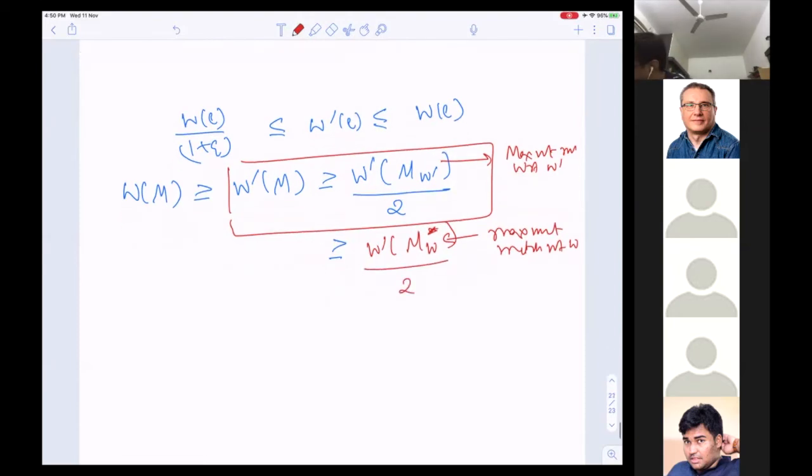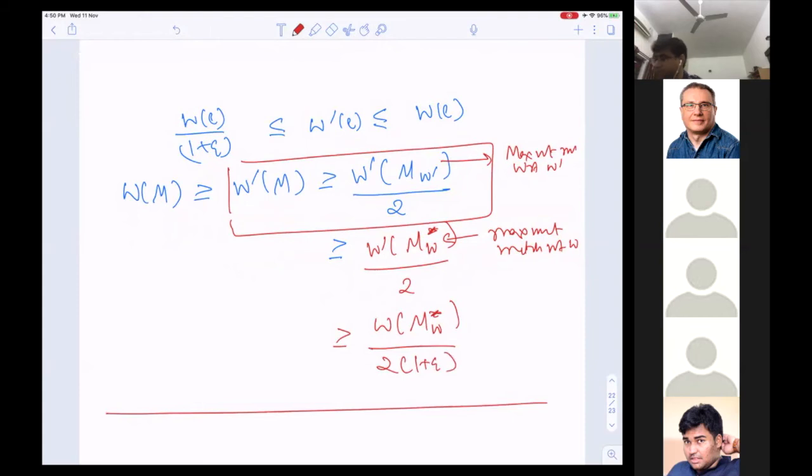But now what we know about the relation between these: look at any edge here. Any edge here is at least the corresponding edge with respect to W divided by 1 plus epsilon, which implies that this is less than or equal to W of M star W times 2 times 1 plus epsilon. And we are done. Okay, any question?